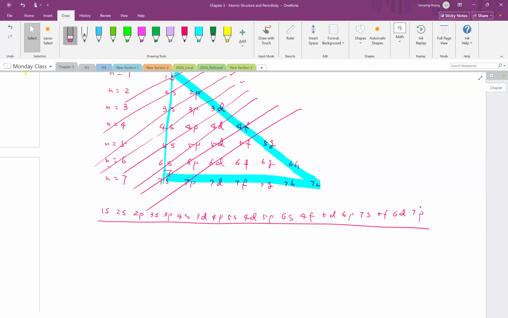Perfect. Good job. We are going to use it in a minute. Two more minutes, try to memorize it now.